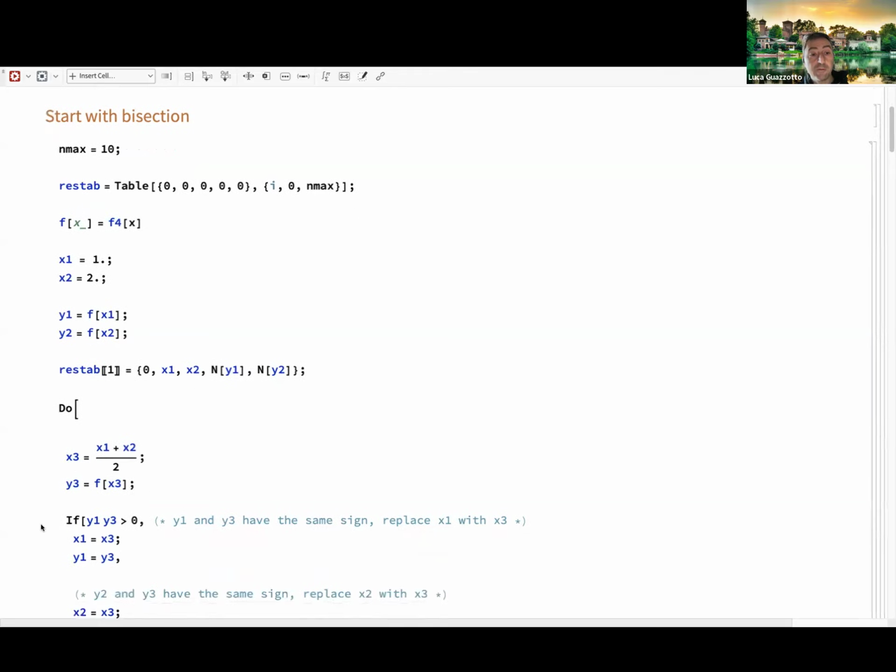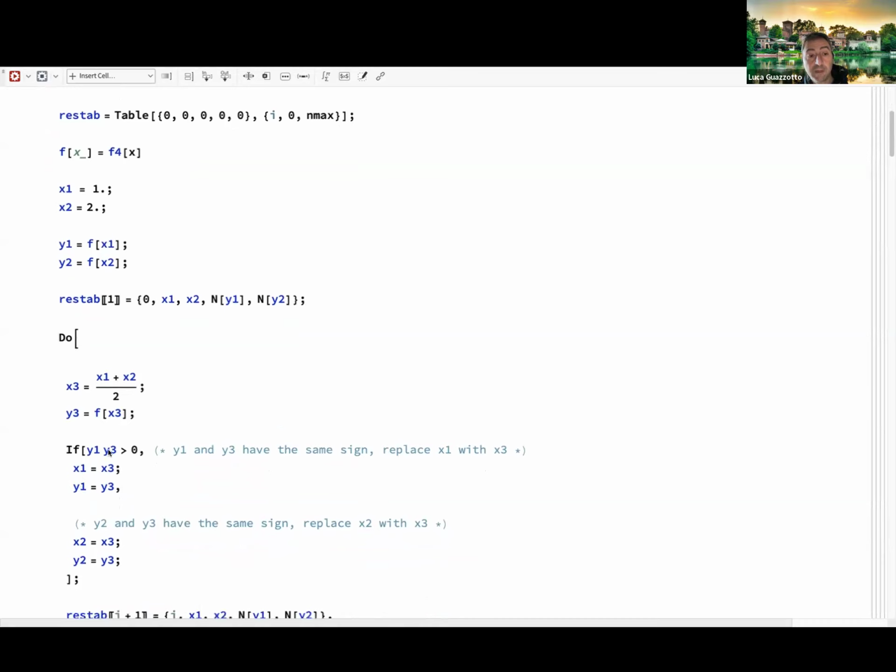Okay, so x3 is going to be equal to x1 plus x2 divided by 2, as promised. I calculate y3, and then let's do this product. If this is positive, that means that y1 and y3 have the same sign. They could be both negative or both positive, doesn't matter. So if they have the same sign, I replace x1 with x3. Now the root is going to be between x3 and x2. Otherwise, y2 and y3 have the same sign, and I do the opposite.